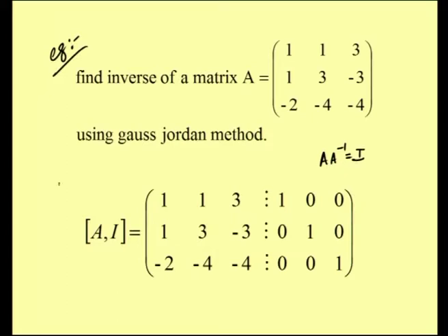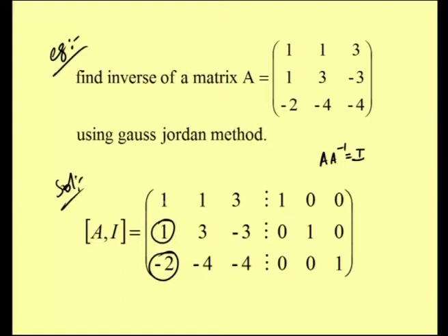So write down the augmented matrix A comma I: the given matrix [1 1 3; 1 3 -3; -2 -4 -4], and the identity matrix for a 3 cross 3 matrix [1 0 0; 0 1 0; 0 0 1]. According to our operations, first of all you have to make this 1 and minus 2 as 0. By the row operations, new R2 is R2 minus R1, and new R3 is R3 plus 2 times R1.